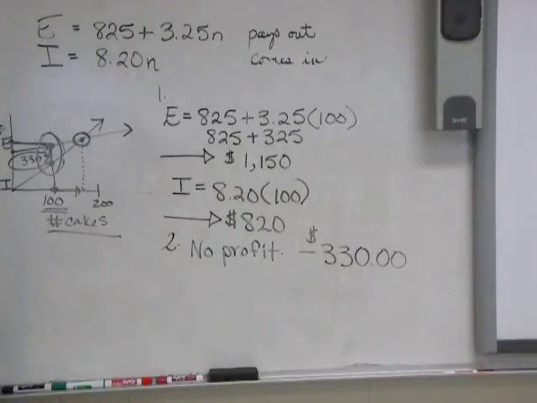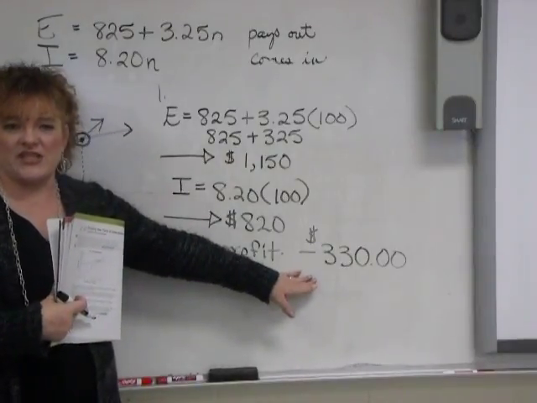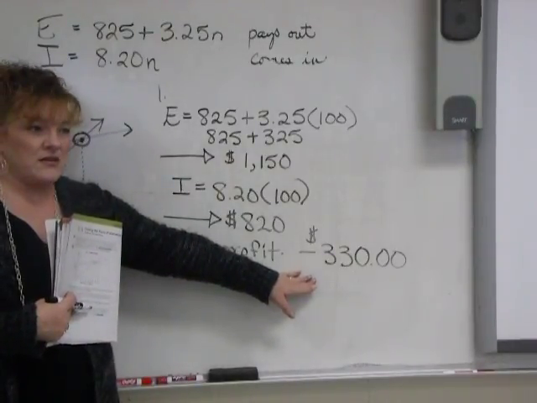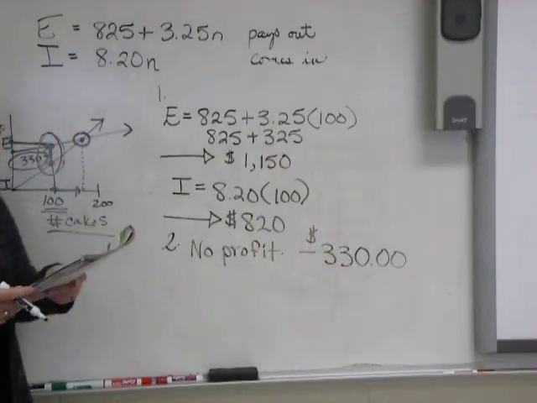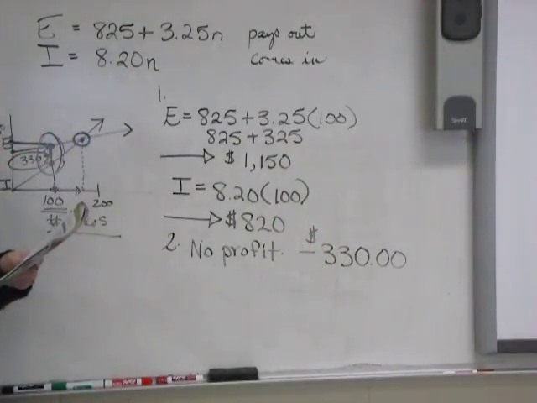And that's going to give you that $330 deficit. He's still in the hole and isn't making a profit. He has to make $330 more just to break even. And then if he does more after that, then he will start making a profit. Any questions about B? Yes.